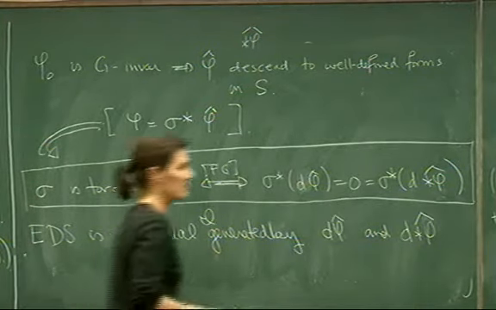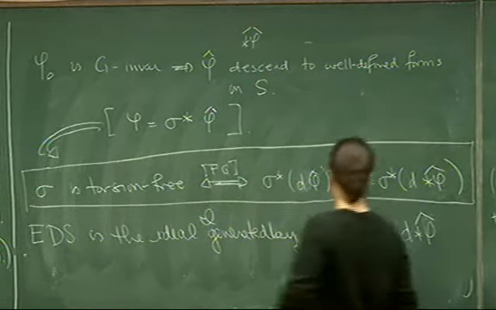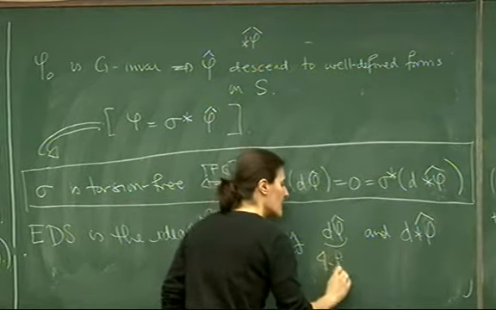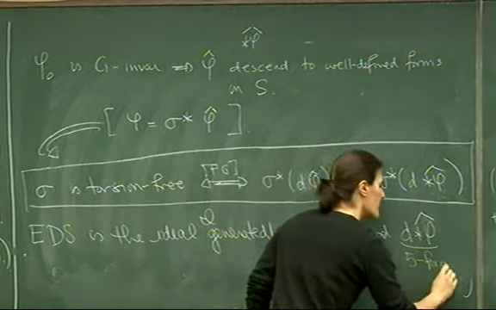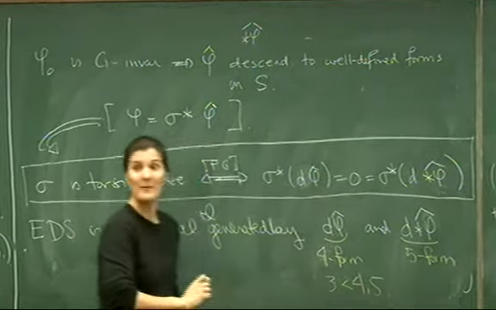Now, I want to point out something trivial but important because it'll give us a starting point in the proof of the theorem. This is a 4 form. This is a 5 form. And 3 is smaller than both 4 and 5. Okay?